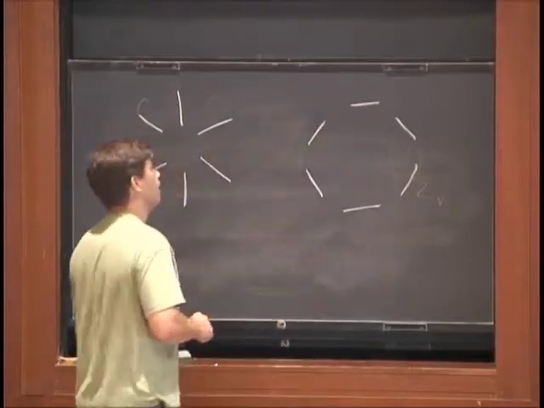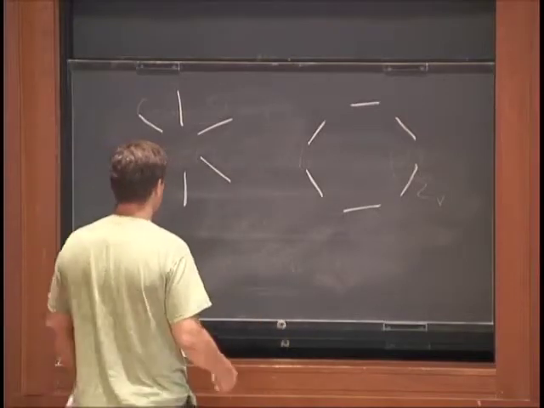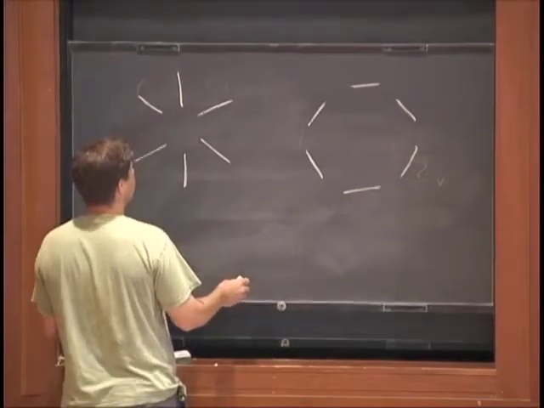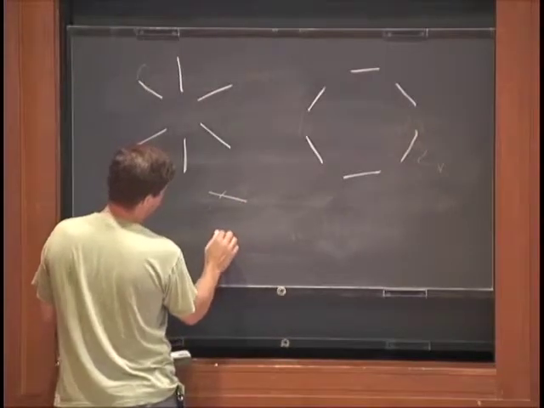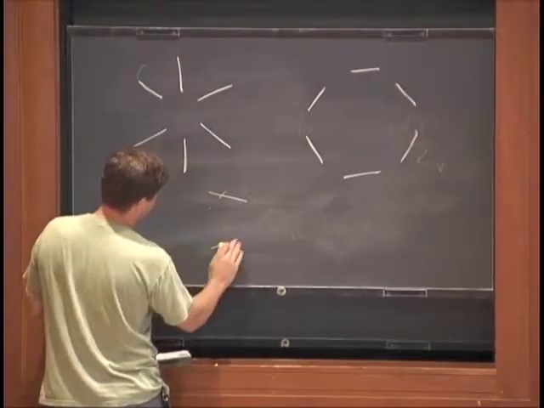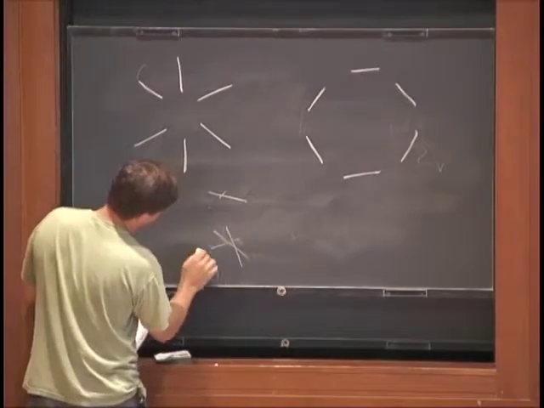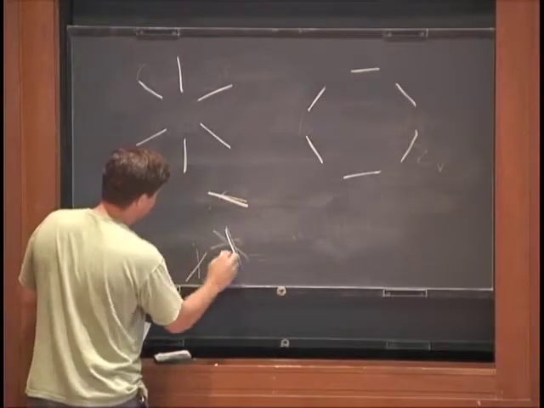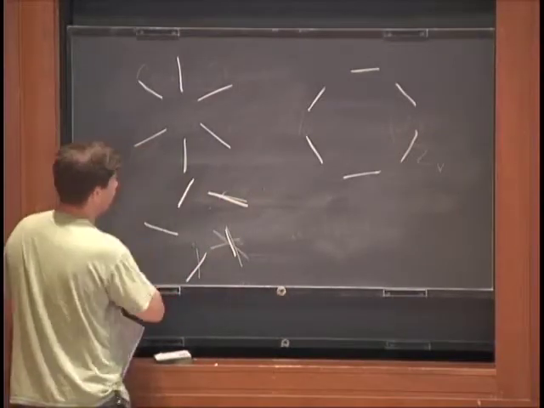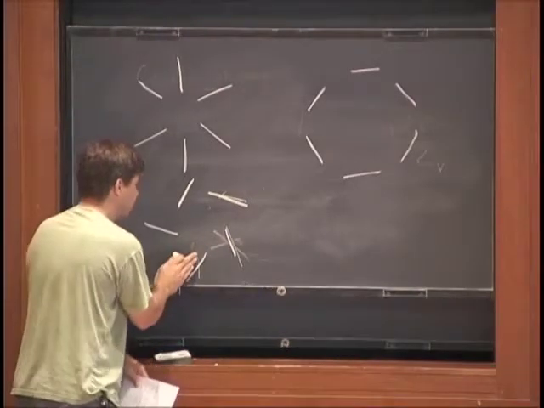Those would be purely E mode, a pattern that only has E modes. And a pattern that only has B modes, I should do this and rotate everything by 45 degrees. So it's some curly thing that I will screw up when I draw it. Let's see, like this. You know, this is one option. Okay, an example. These are examples, okay?